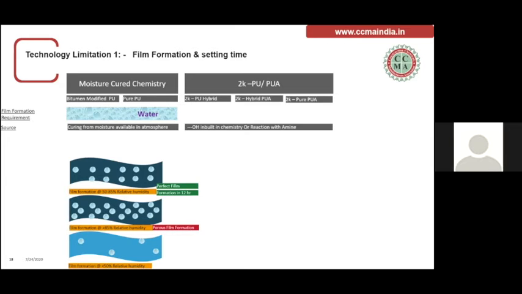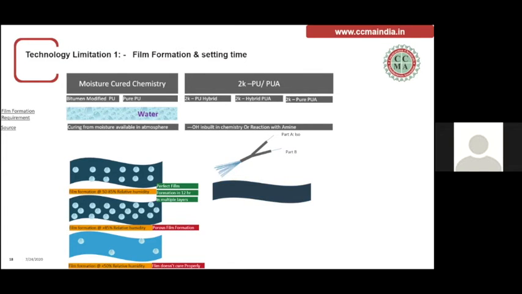This is one of the limitations of a single component chemistry, while two component instant setting or fast setting systems set in 20 seconds. In one of our product ranges, we have a hydroxyl ion already there in the chemistry, so a limited amount of moisture is already present, which enables fast curing of the system.